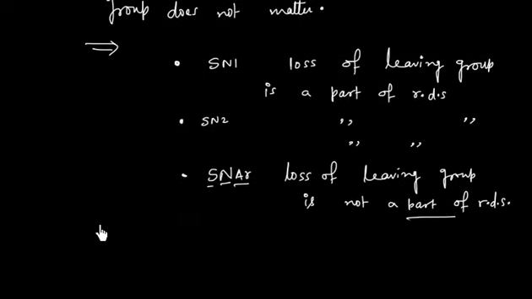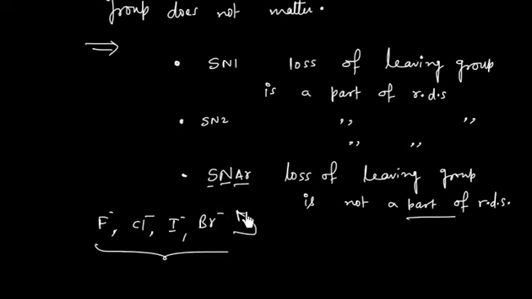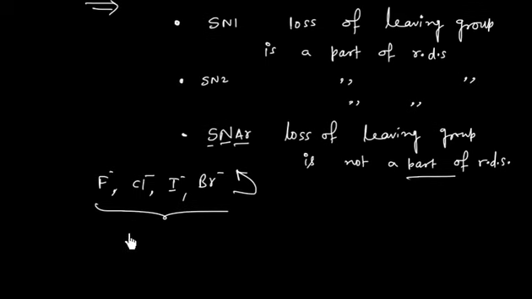So either we have F minus, or Cl minus, or I minus, or Br minus, in all cases we will have SNAr reaction. So SNAr reaction is possible for all leaving groups.